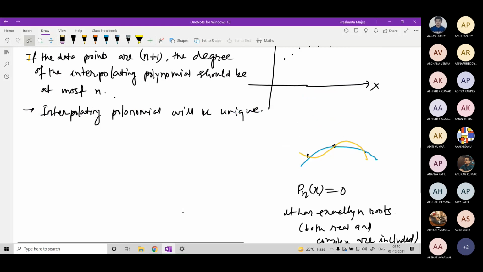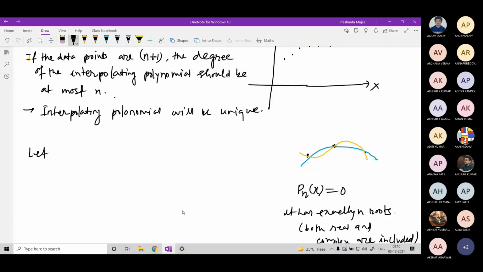So how many data points are there? N plus 1. And by which degree polynomial are we interpolating them? N degree. Not n, at most n degree polynomial, because you cannot determine the degree prior to finding the polynomial, because data points may be 10 but the polynomial may be of degree 1.